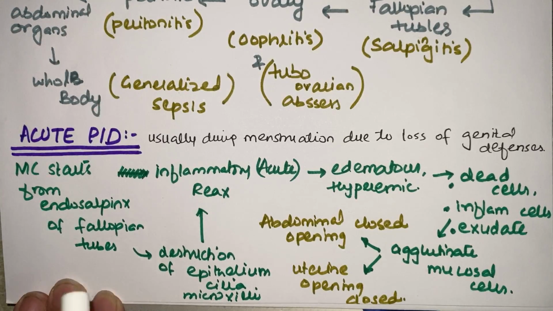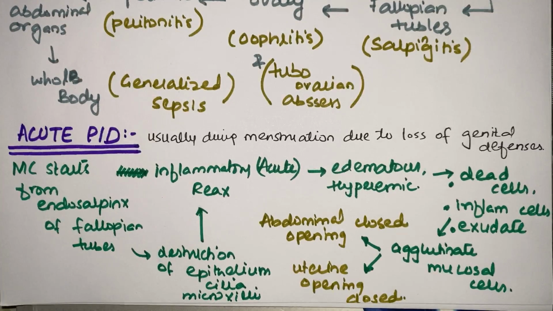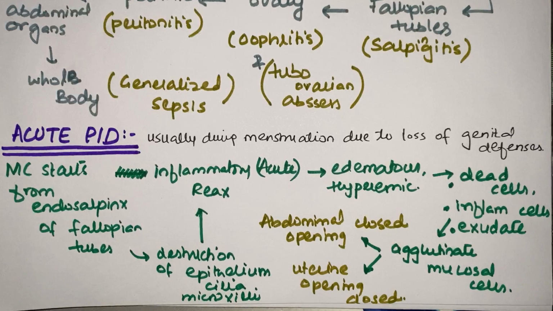From here the disease starts, and the bacteria invade there and start to cause damage to the epithelium, the cilia, and the microvilli, and now the cells die and are sloughed off, and an inflammatory reaction starts there. This acute inflammatory reaction brings the inflammatory mediators and inflammatory cells there, and a fight starts.